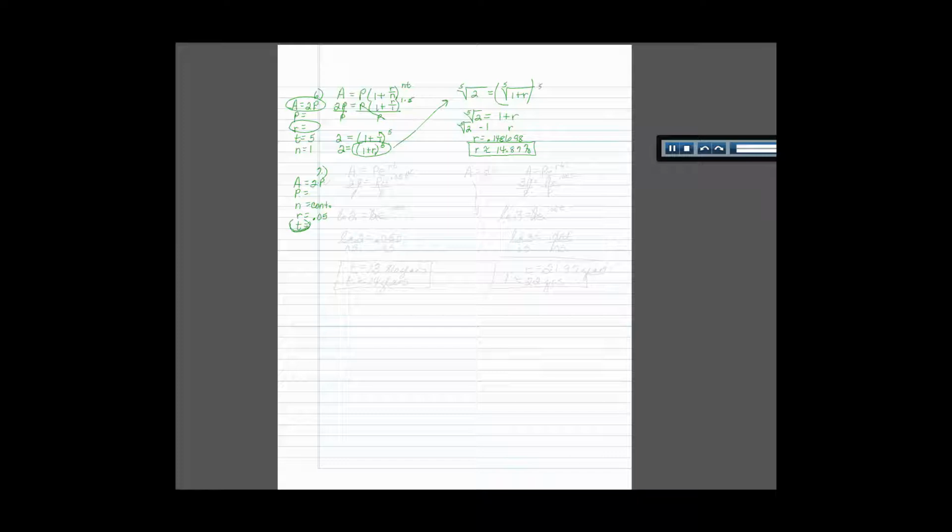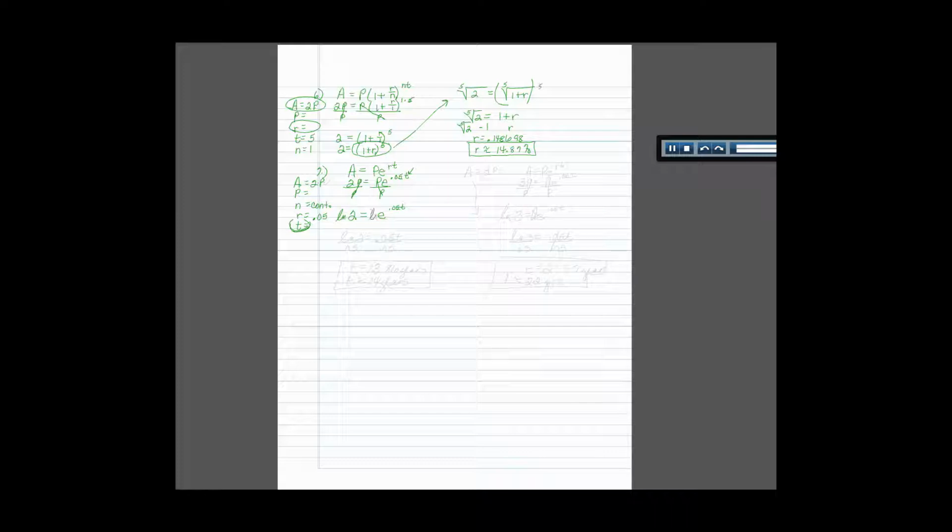So I'm going to use the formula A equals P E to the RT, because this is continuous compounding. But I know that A is 2P equals P E to the R, which is 0.05, T is what I don't know. I'm going to divide both sides by P, and I get 2 equals E to the 0.05t. Now think about how we solve that kind of exponential equation.